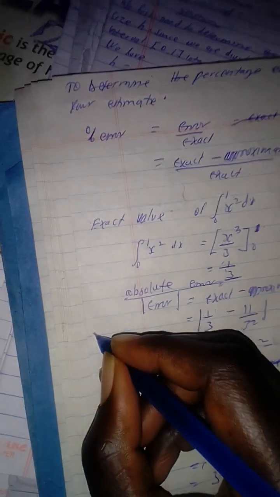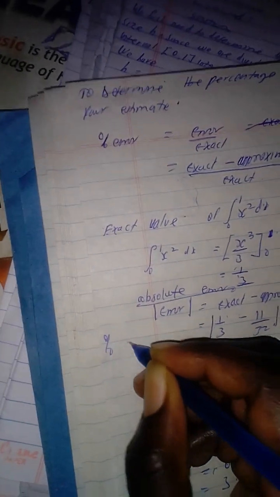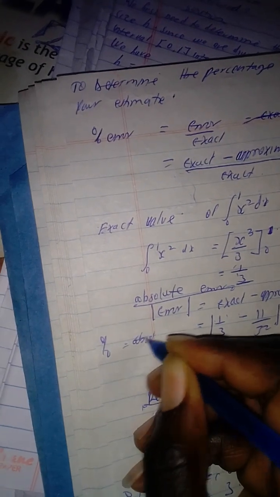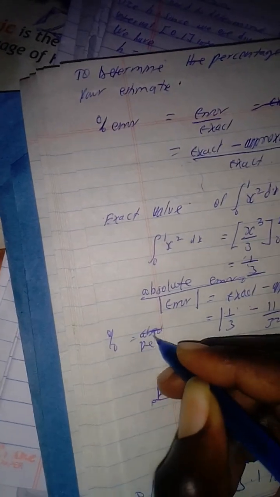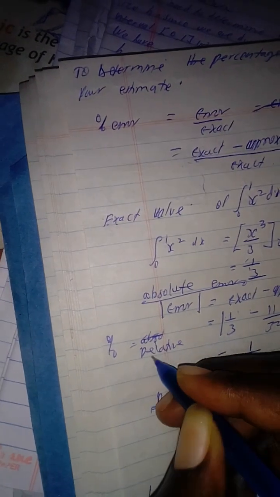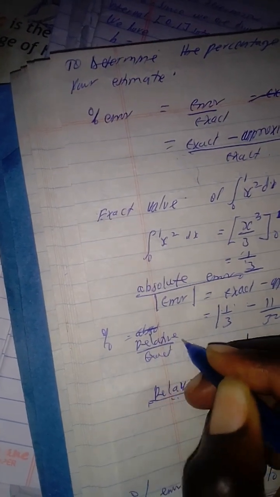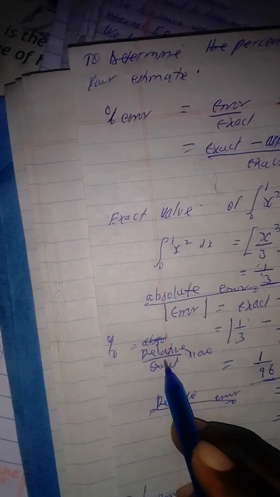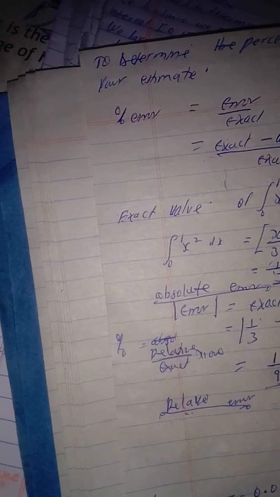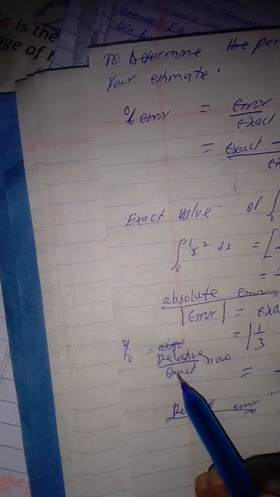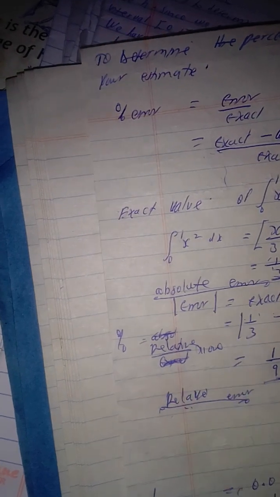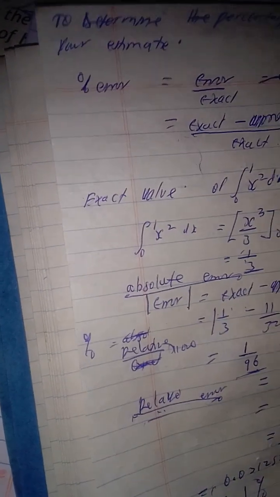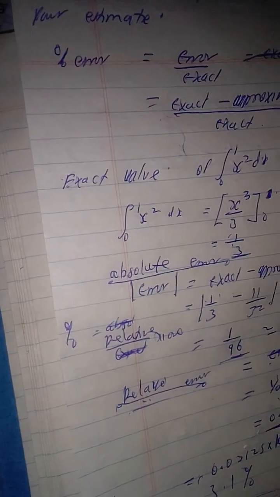Remember, the formula for finding percentage error is the relative error times 100, whereby the relative error is the absolute error over exact. This one is okay.